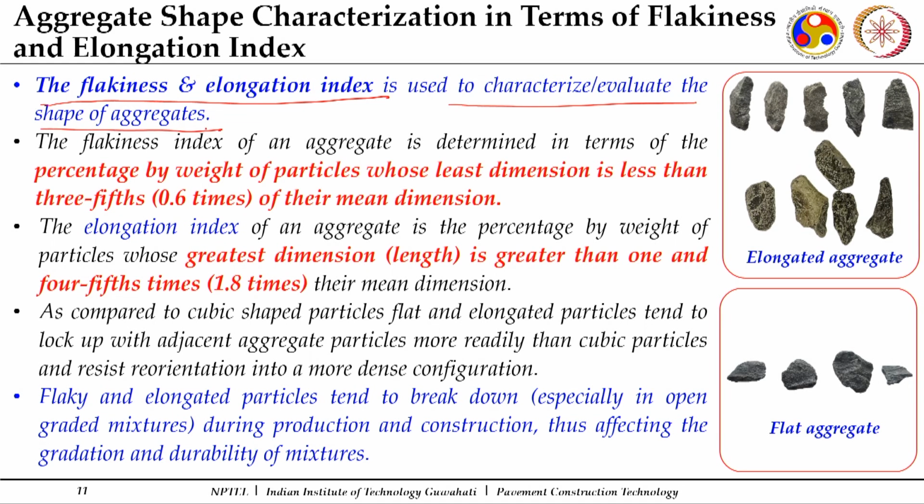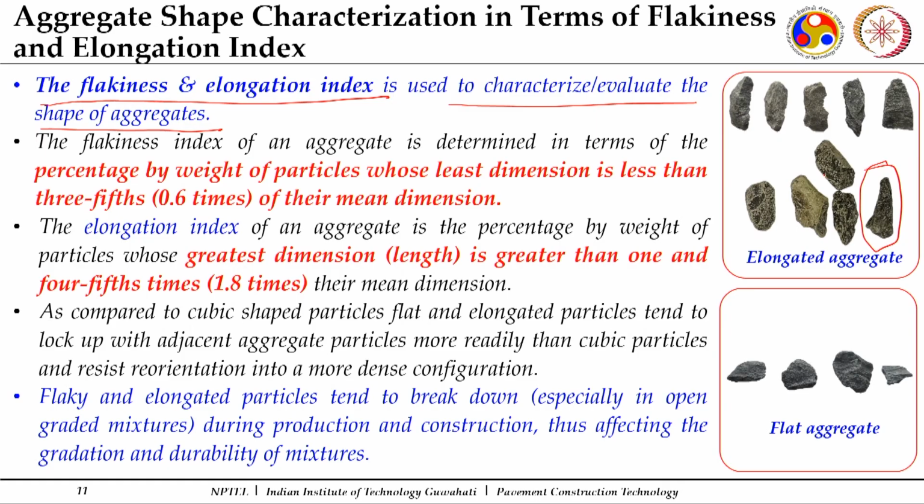Here two important things are taken care of: the aggregate should not have one dimension very large compared to the other dimensions, and it should not have one dimension very small compared to the others. So the aggregate should not be elongated or flaky, very thin, because if it is elongated, it may break down, and if it is thin enough, it can also break down.